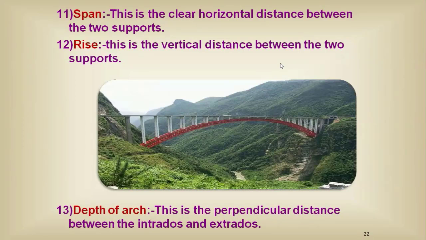Then span, this is the clear horizontal distance between the supports. Then rise, this is the clear vertical distance between the highest point of the intrados and the springing line. Next is the depth of arch or height of the arch. This is the perpendicular distance between the intrados and the extrados.